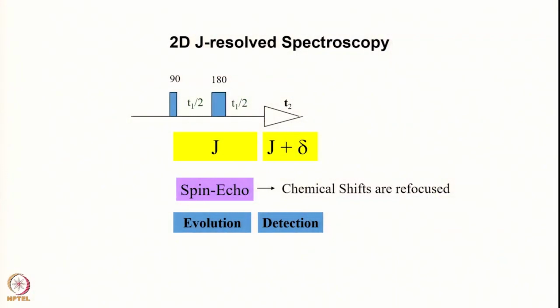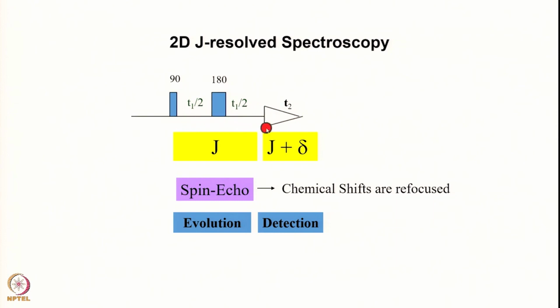One of the very early experiments that was done was 2D J-resolved spectroscopy. The J-resolved spectroscopy is done in the following manner. You have first a 90-degree pulse. Now, the evolution period is from here to here.